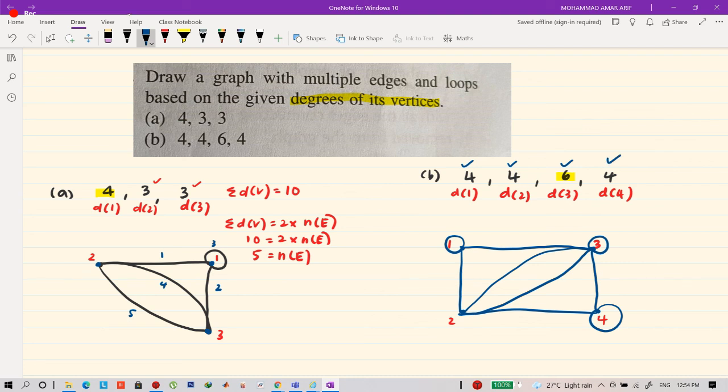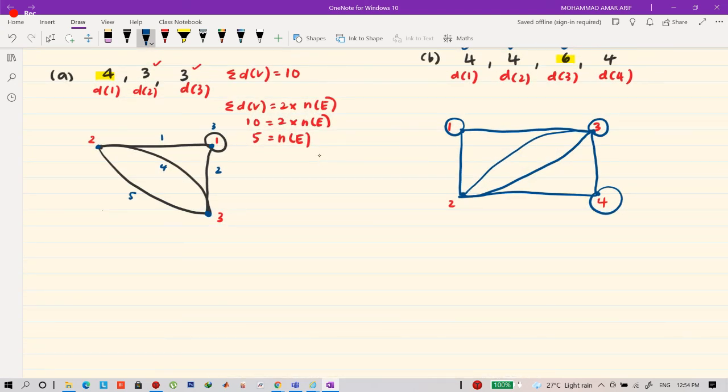So ataupun awak boleh buat satu gambar yang lain. So apa maksud gambar yang lain? So there is banyak version graph yang awak boleh buat kat sini. Sini awak nampak banyak dia punya loop. So awak boleh buat graph yang dia banyak multiple edges.